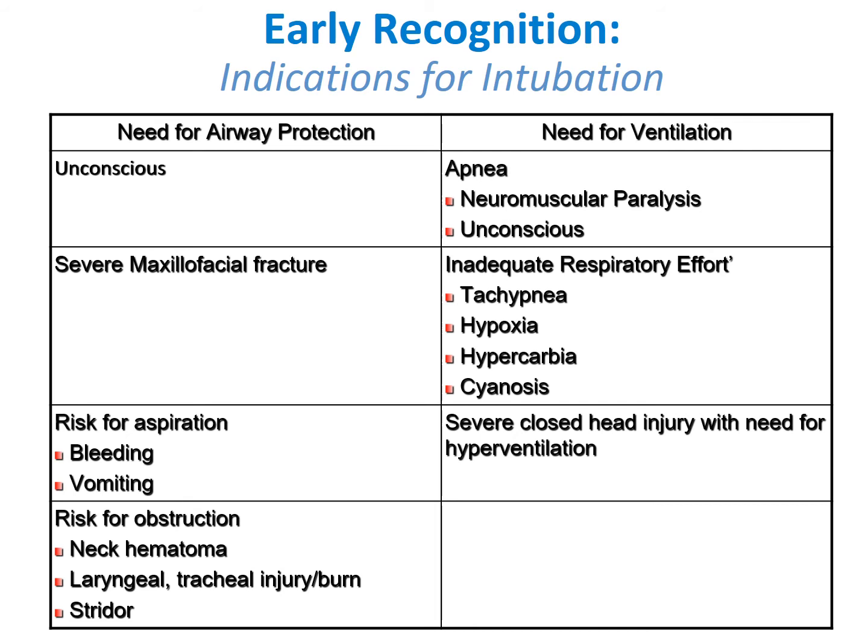All of those are impending respiratory arrest type situations where you're going to have to intubate earlier rather than later. And of course, severe closed head injury with a need for hyperventilation in our trauma patients, somebody who's imminently going to succumb to coning or swelling of the brain, we would want to intubate and hyperventilate in order to help prevent that from happening.